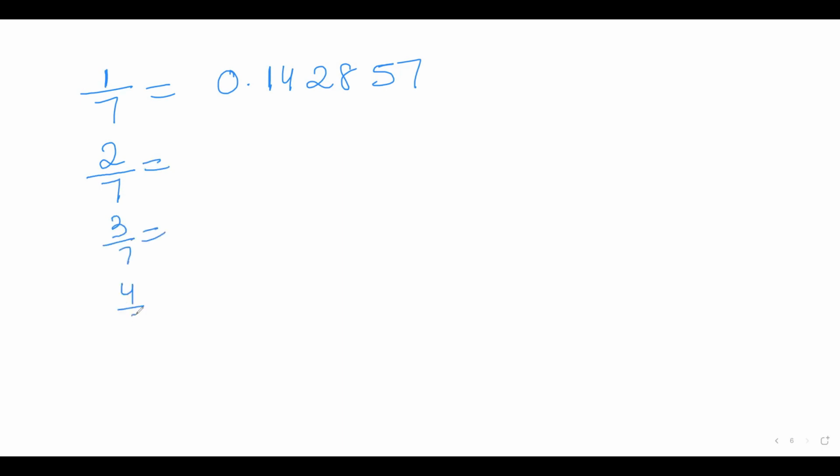Actually, in the question, 1/7 value is given as 0.142857. So when you are trying to do 2/7, 3/7, 4/7, 5/7, and 6/7, I will give you one trick.